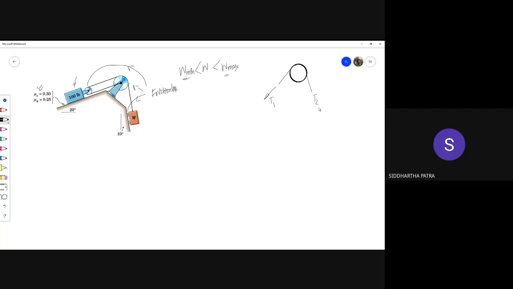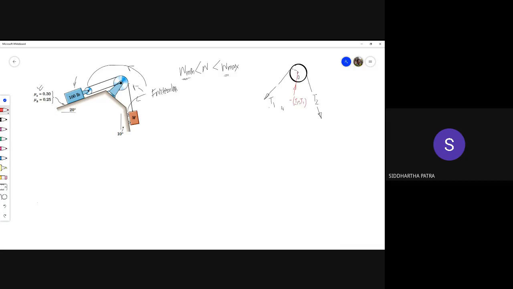Then with respect to the center, it is of course receiving other forces at the center, this force which is keeping the object in equilibrium, which is minus T1 plus T2 vectors.